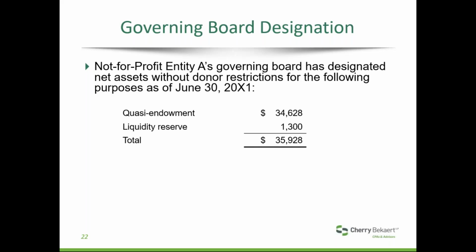Here is a quick little example where you can disclose your governing board designations. And I think I actually saw this detail disclosed in the liquidity disclosure earlier, so there are a number of places where you can add this disclosure.